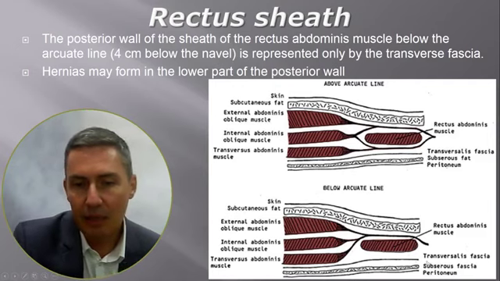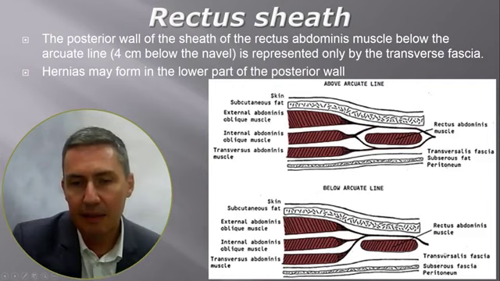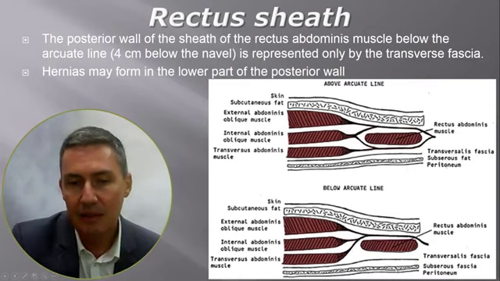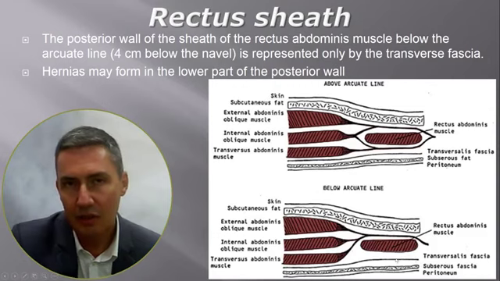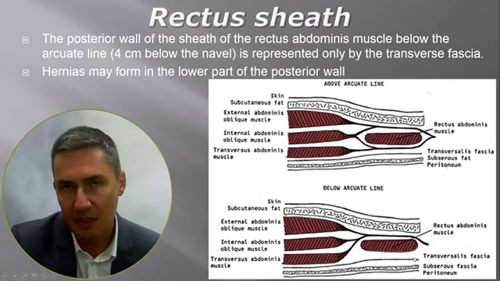The posterior wall is practically formed by the transversalis fascia and also the preperitoneal fat and parietal peritoneum. So in terms of connective tissue structure, it's practically just the transversalis fascia.